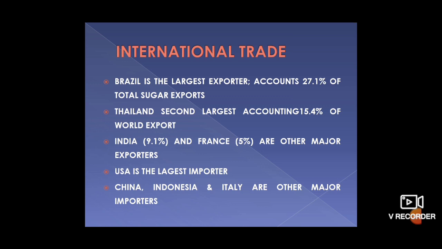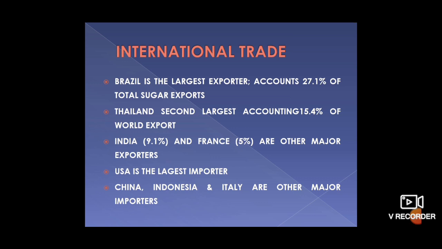While looking into the global market, Brazil is still the largest exporter in the world, accounting for 27% of total sugar export. Thailand is the second largest exporter, accounting for 15.4% of the total world export. India and France are the other major exporters of sugar in the world.